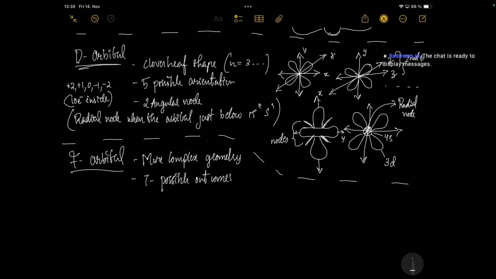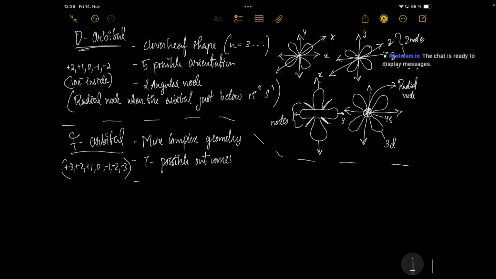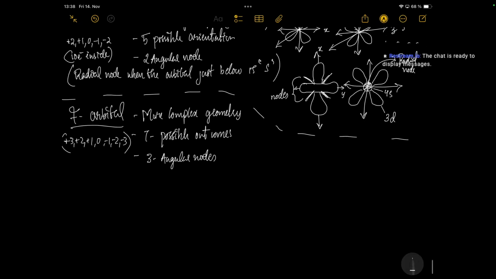Seven possible outcomes: +3, +2, +1, 0, -1, -2, -3. Now, three angular nodes. The same case applies here.